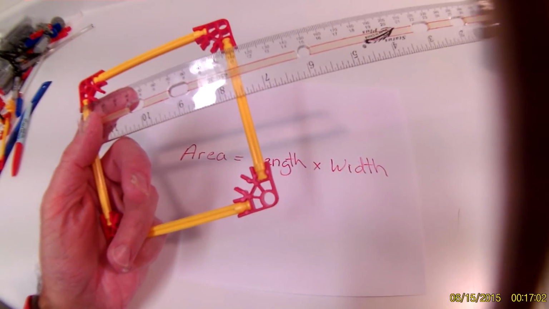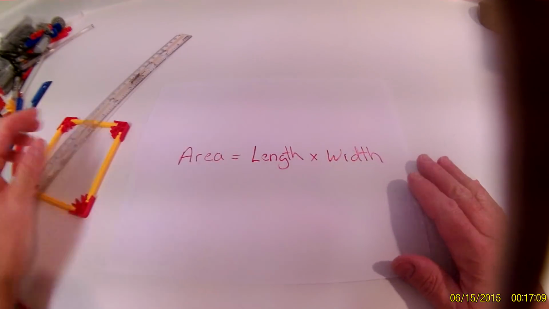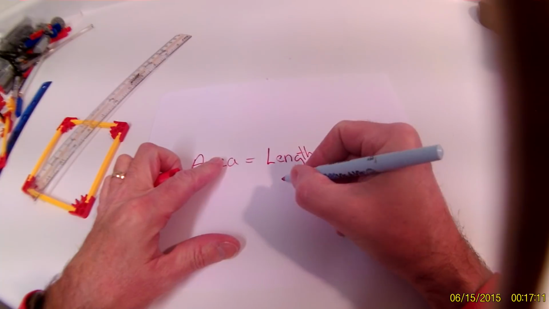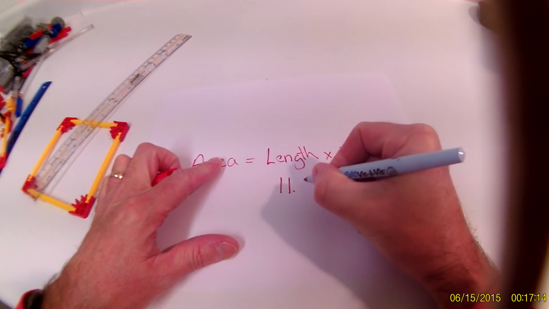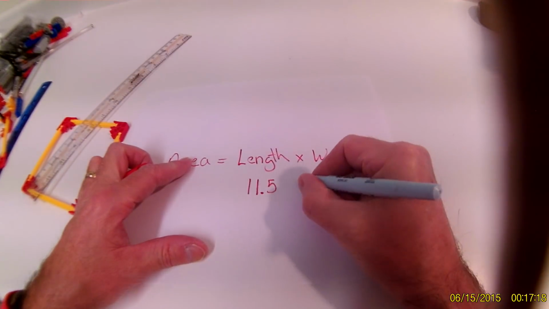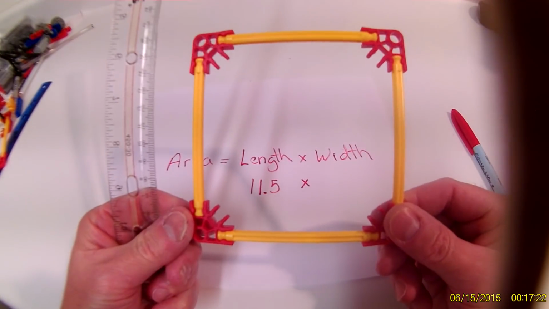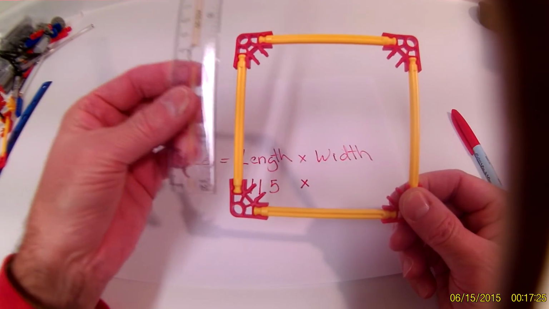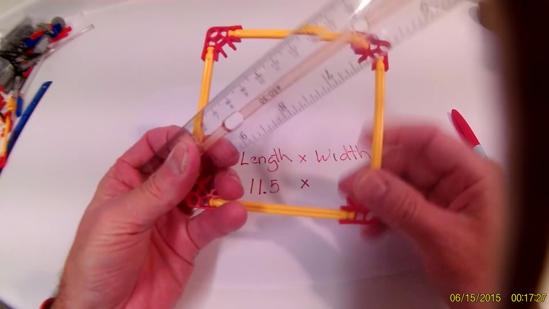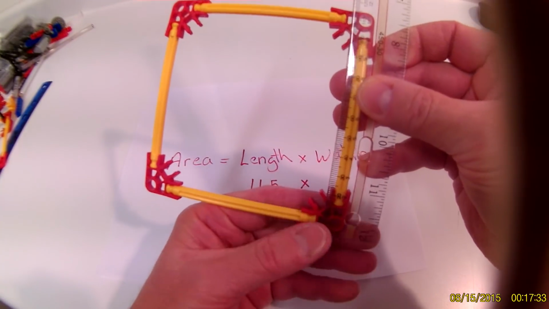So we could say that in this case, our length is going to be 11.5 centimeters, okay? So now we want to figure out the width. Now, in this case, this is a square. So we know that we have our length. If we measure our width, it should come out to 11 5/10.